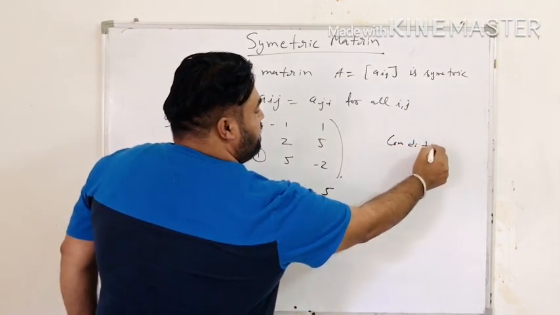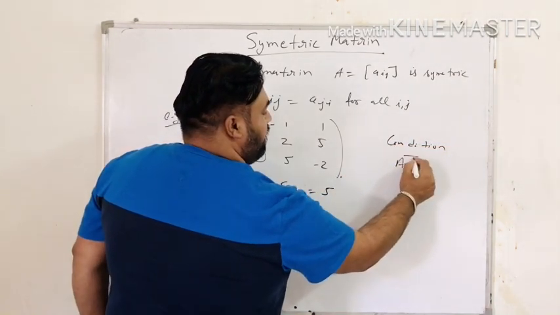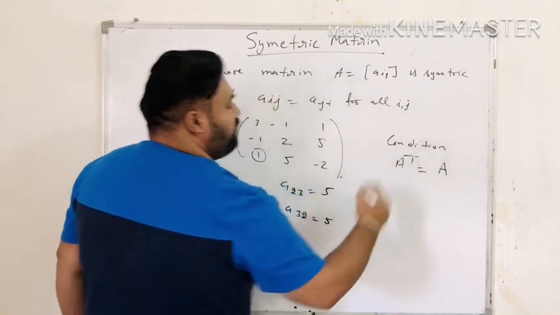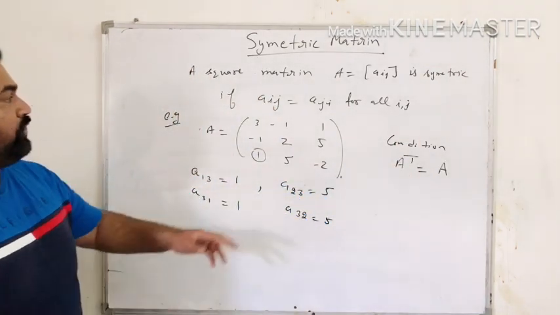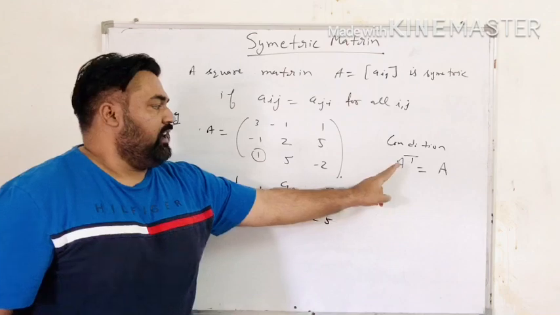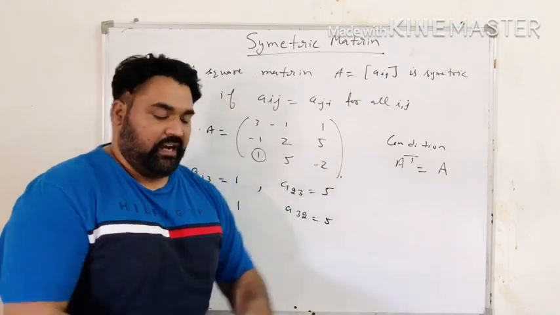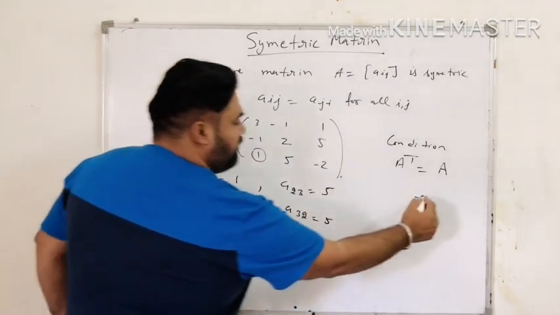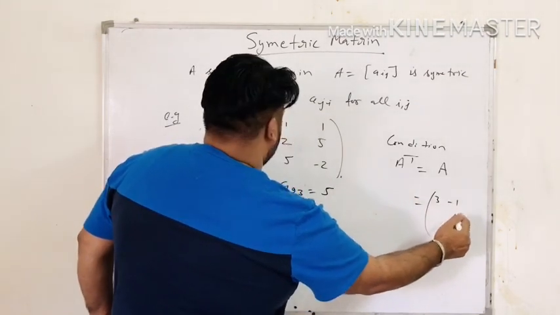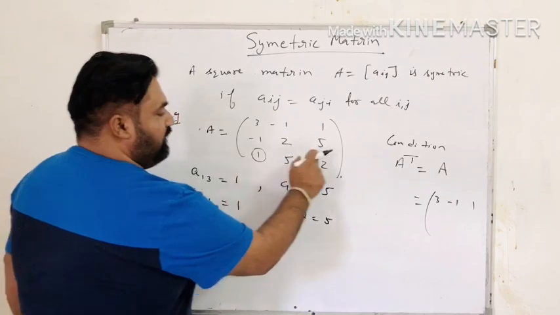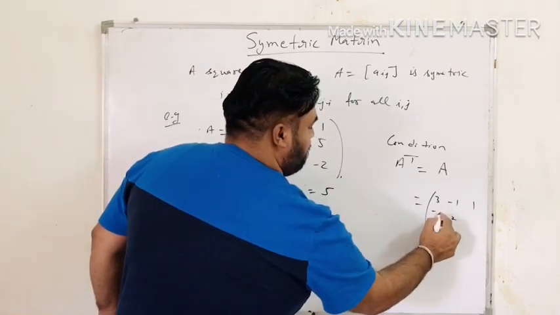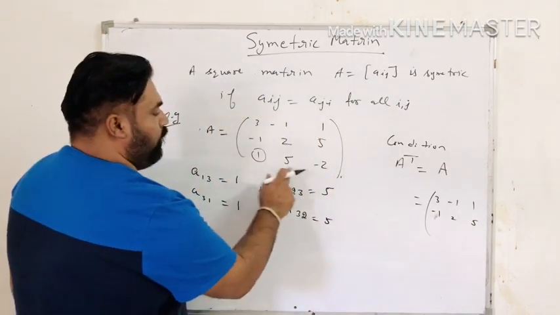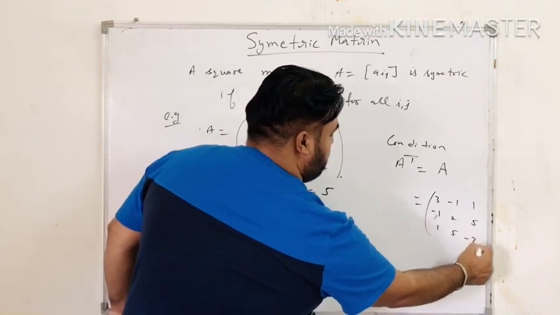The condition: A transpose equals A. Now the basic condition for the symmetric matrix is A transpose equals A. We know the value of A is given: [3, -1, 1; -1, 2, 5; 1, 5, -2].